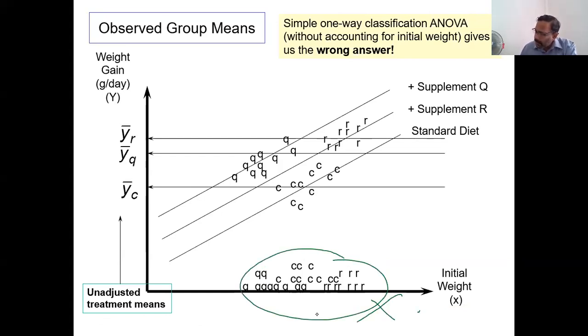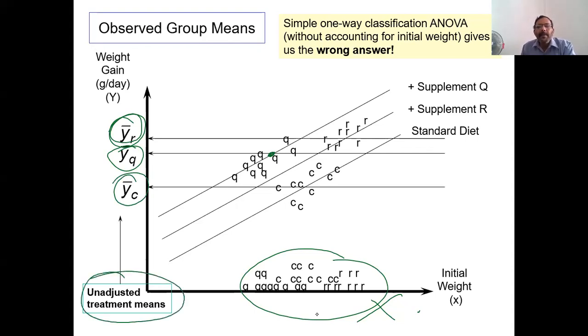So we get the results. This is the average weight gain of the Q diet. This is the average weight gain of the supplement R diet. And this is the average weight gain of the standard diet. So this is called the unadjusted treatment mean.